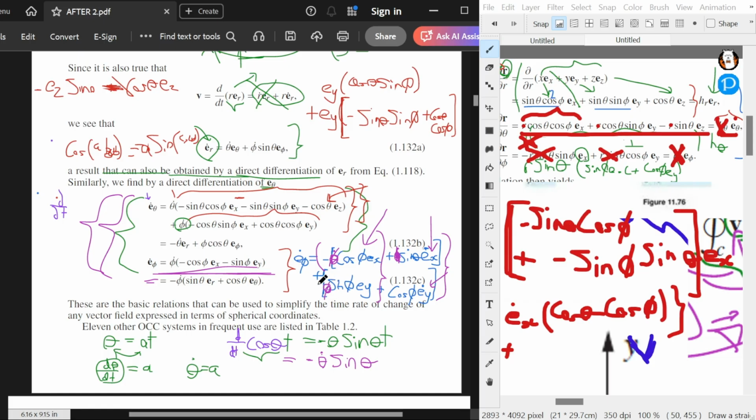Oh, there's a minus here, but I'm blocking it with my purple stuff. Minus sine theta EY. Well, where did these guys go? Are we not interested in those guys? Why are we not interested in these guys? I'll figure that out later.